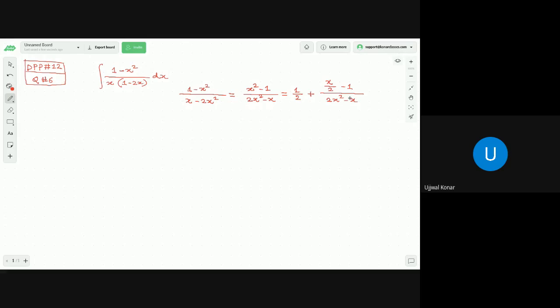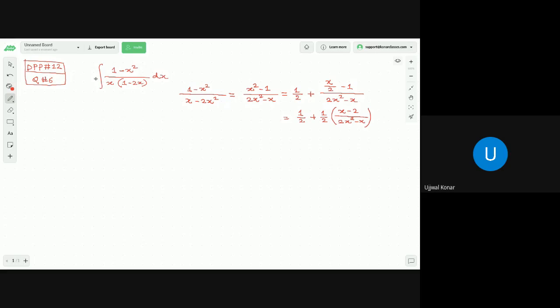So then the entire integration becomes integration of half dx plus integration of half of x minus 2 by 2x square minus x dx. Correct or not? So that you can also write as 1 by 2 plus 1 by 2 into x minus 2 divided by 2x square minus x.